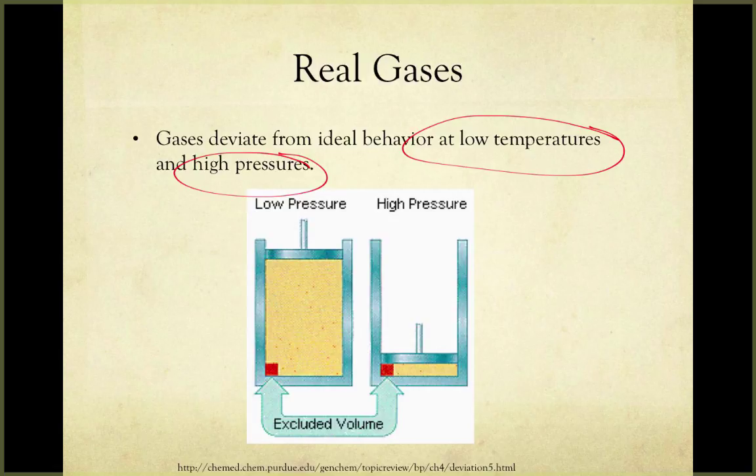Notice that at a high pressure, the volume is much, much smaller. Therefore, the volume of the gas particles themselves begins to become much more significant. Again, imagine that we're all at Yankee Stadium, but now instead of all being spread out throughout the stadium, we've all crammed into one elevator. Now the volume of our bodies is much more significant as compared to the space in the elevator.